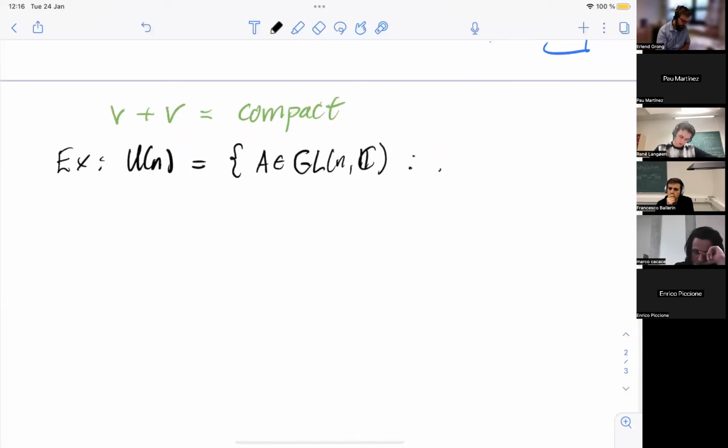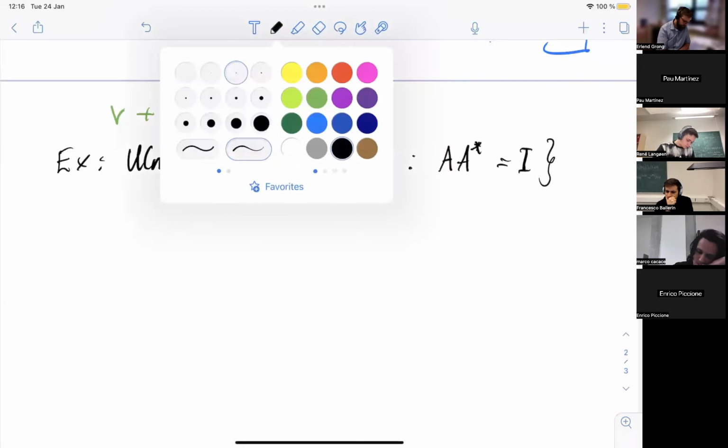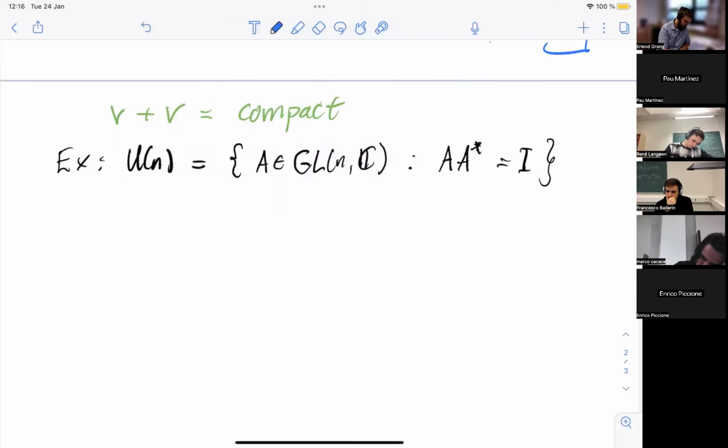But rather than the transpose giving the identity, we have that A times its conjugate transpose becomes the identity.